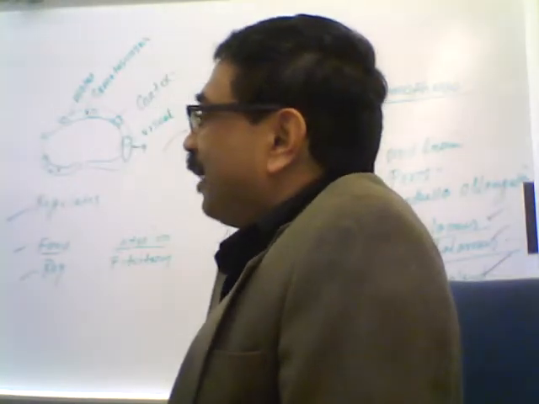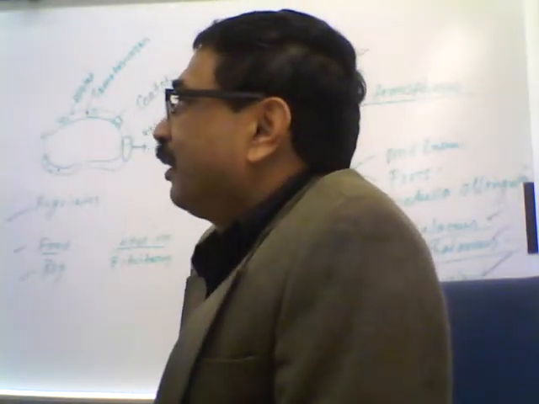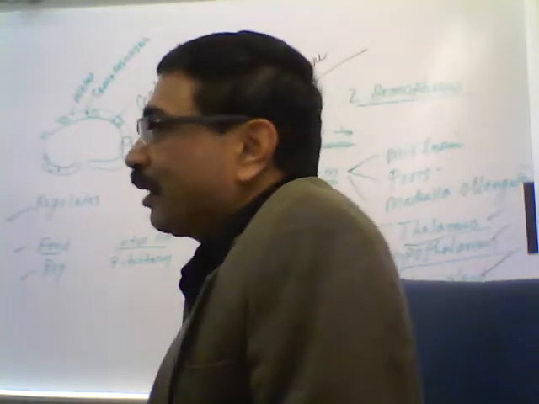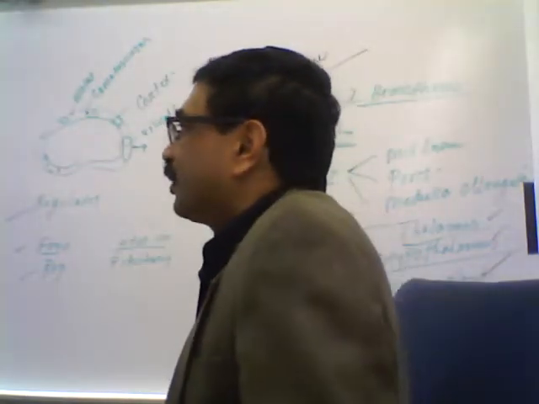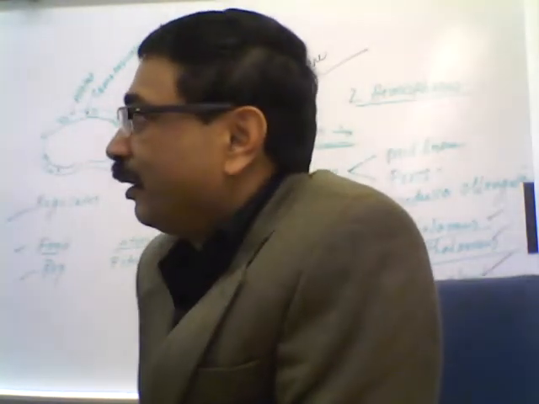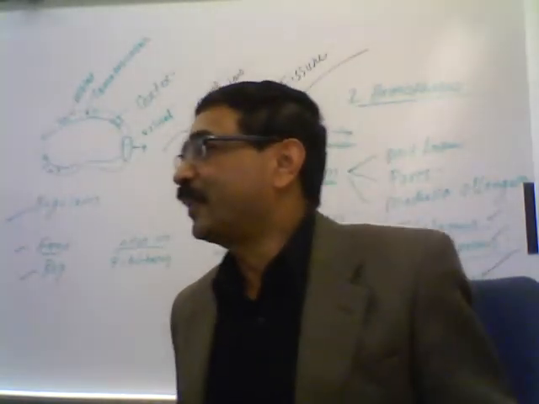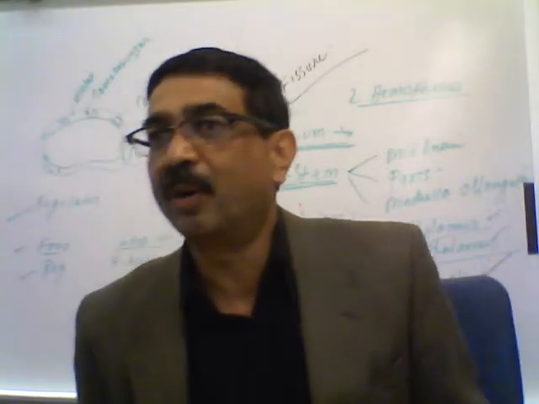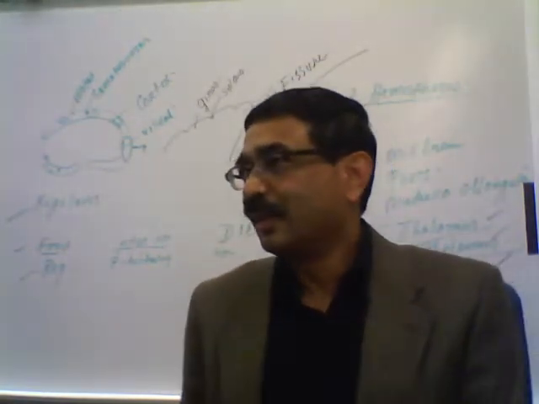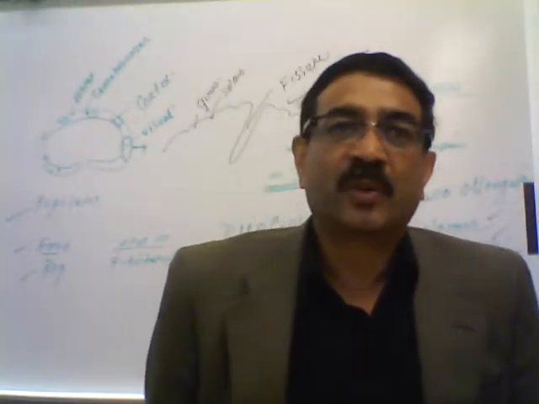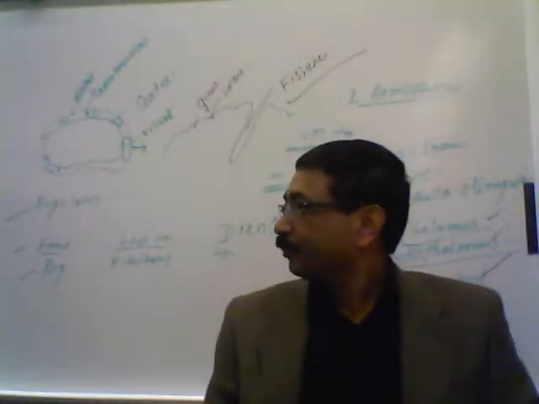Then the parietal and occipital lobes are separated by the parieto-occipital sulcus. So this is very easy. Then the temporal lobe is separated from the lobes above, that means from the frontal and parietal lobe, by the lateral sulcus. So those are the sulci that separate the lobes.